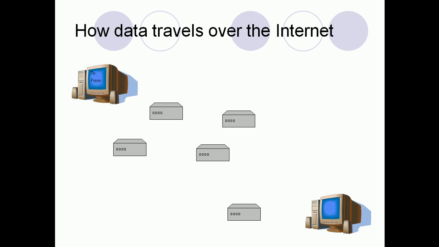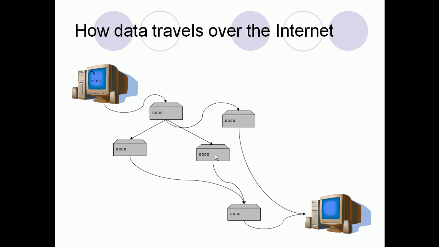So the message you send from this PC is broken down into packets, and all of them must reassemble before you can view it on the other computer.